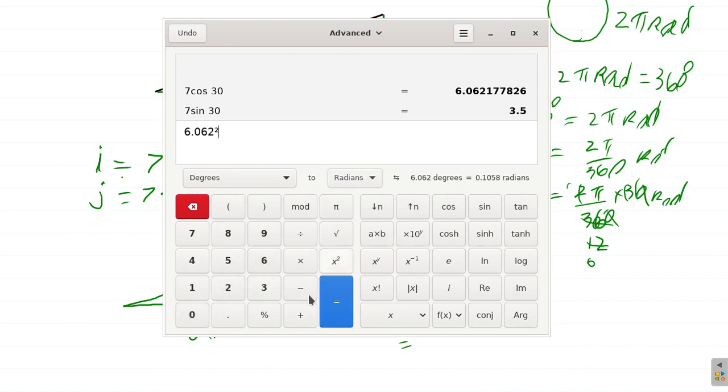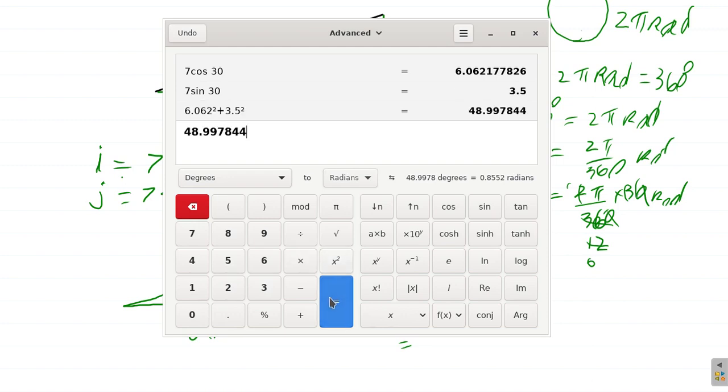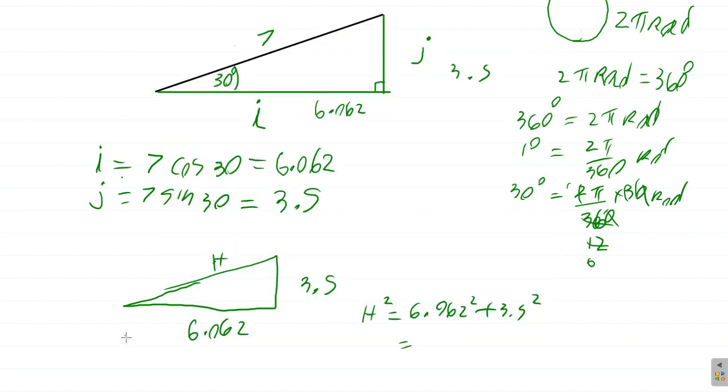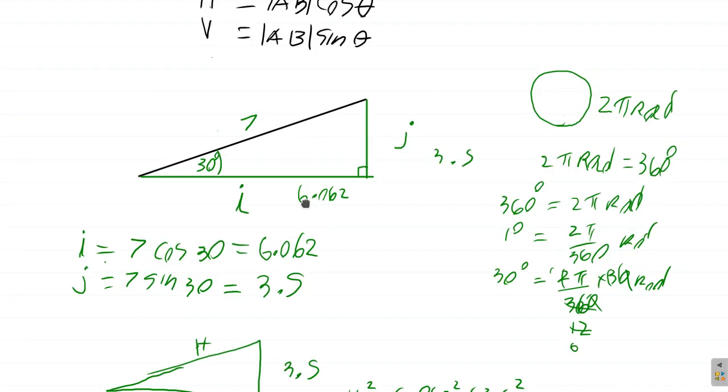And then when we take the square root, you get back 7. So you see everything is alright. That is what you have.